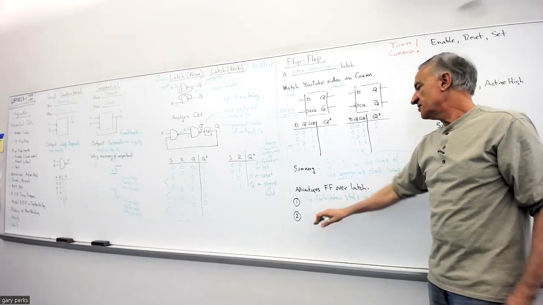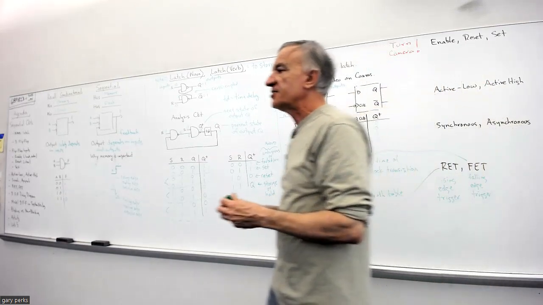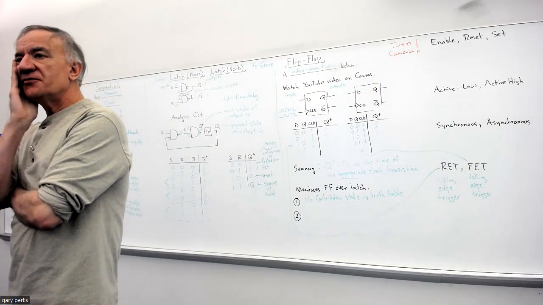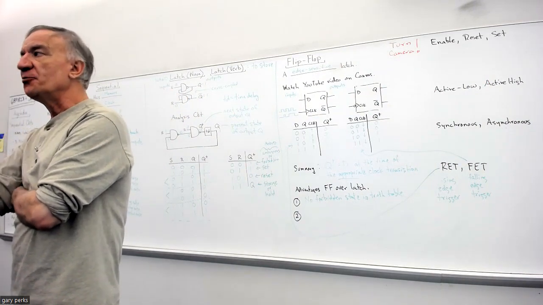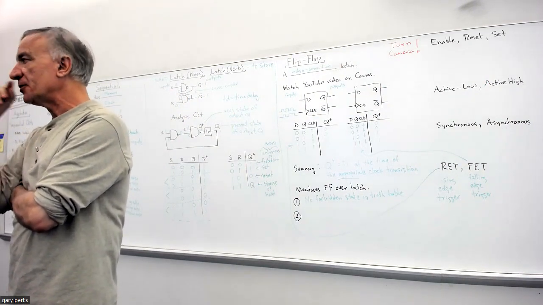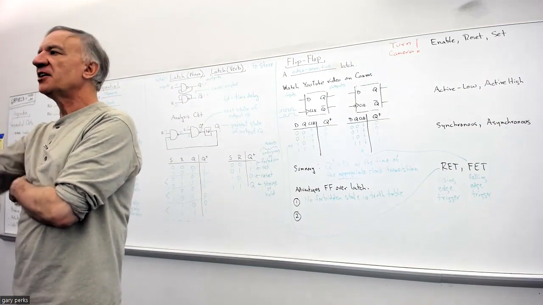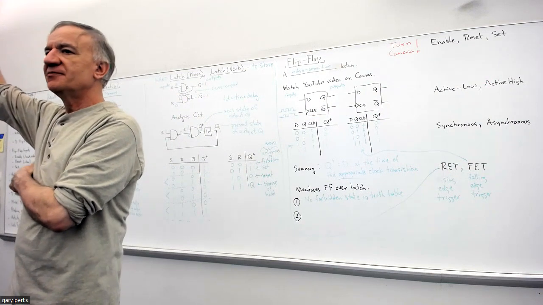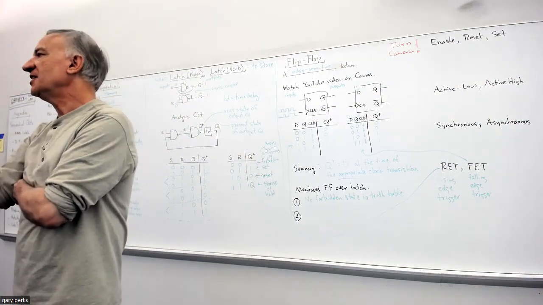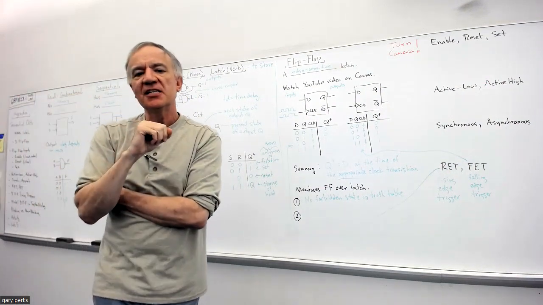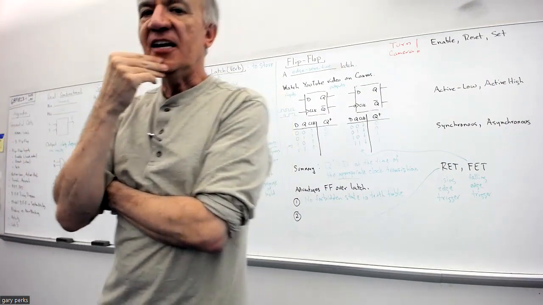Now, the next advantage a flip-flop has over a latch has to do with noise. And this is where, if you've had some sort of lab with a voltmeter or an oscilloscope, you have a little bit of an advantage. How many people have ever used a voltmeter or an oscilloscope? Probably EEs, right? Because the EEs took that 151 class. The CPEs probably haven't dealt with equipment like that yet.